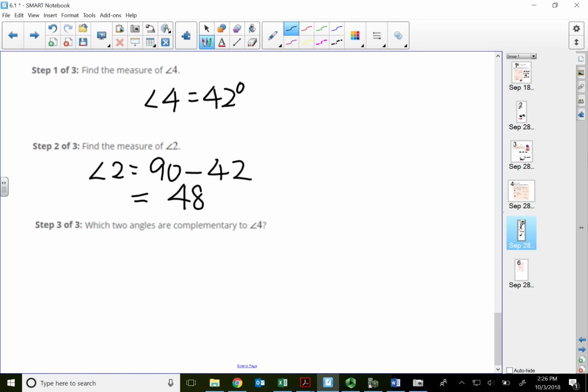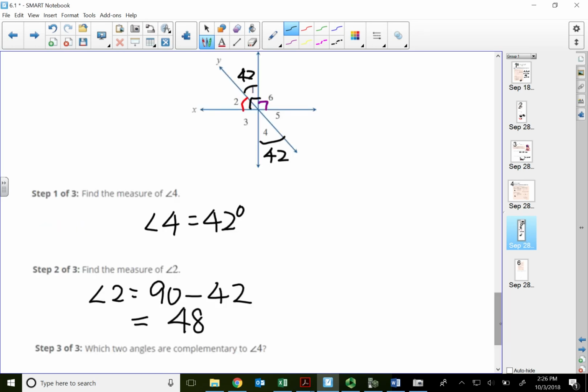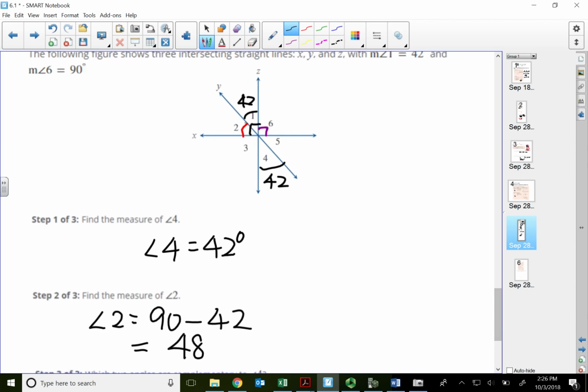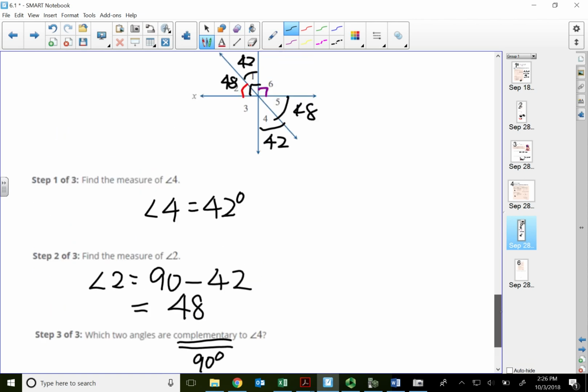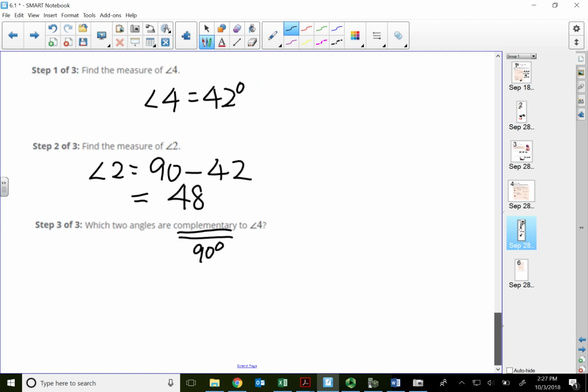Which two angles are complementary to angle 4? Let me write 48 right here real quick. If angle 2 is 48, that means angle 5 is also 48. So 42 and 48 together is 90 degrees, and the word complementary refers to two angles that have a sum of 90. Angle 4 and 5 are complementary because they add up to 90.